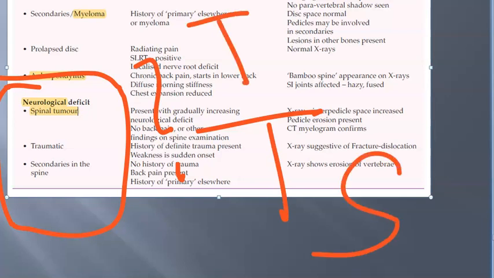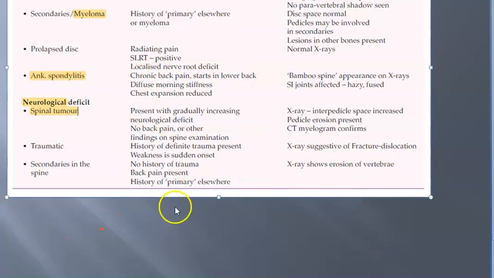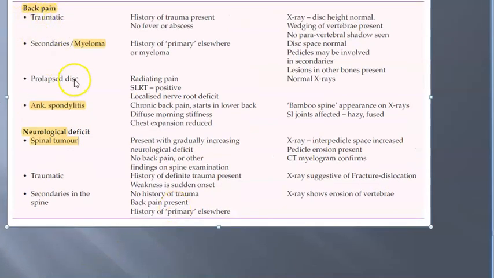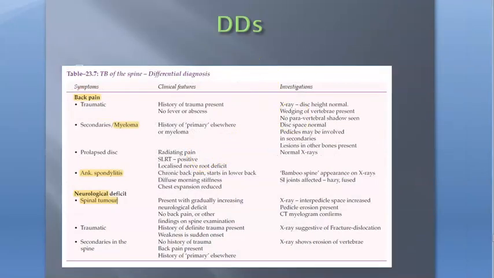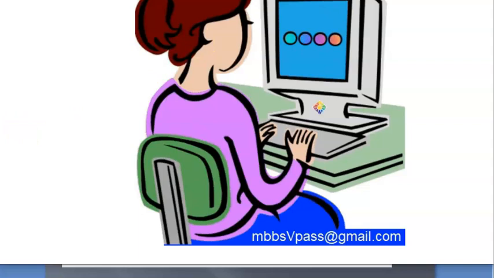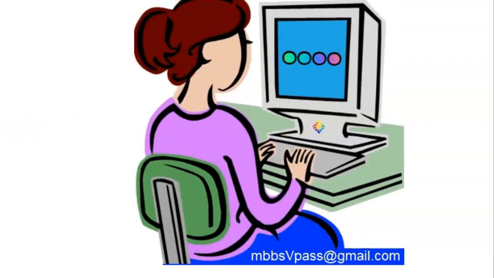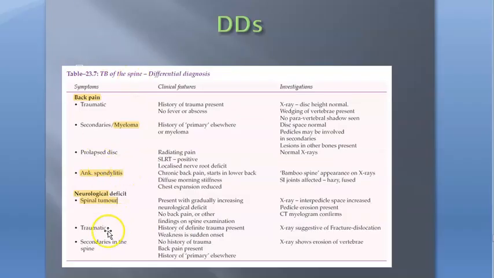They are writing the same thing again and again: trauma, tumors, secondaries of spine. Here also they wrote trauma, but they did not write secondaries here. Prolapsed disc and ankylosing spondylitis they have written for pain. So that is all about the differential diagnosis for Pott's spine. It could be tumor, trauma, secondaries, ankylosing spondylitis, prolapsed disc.